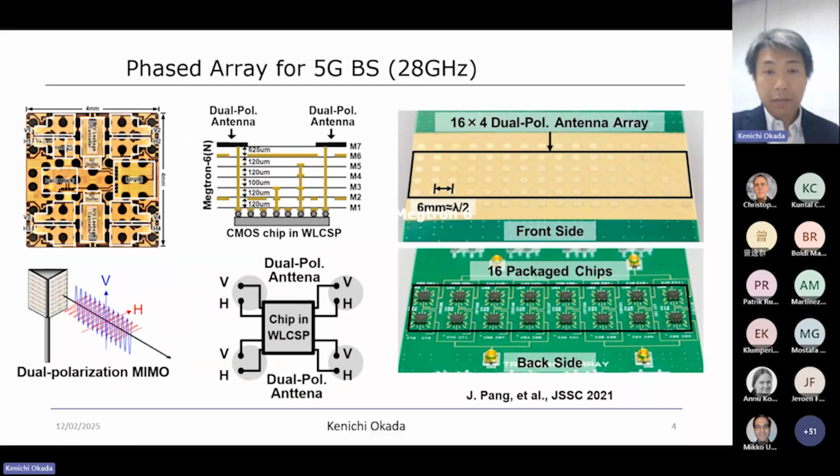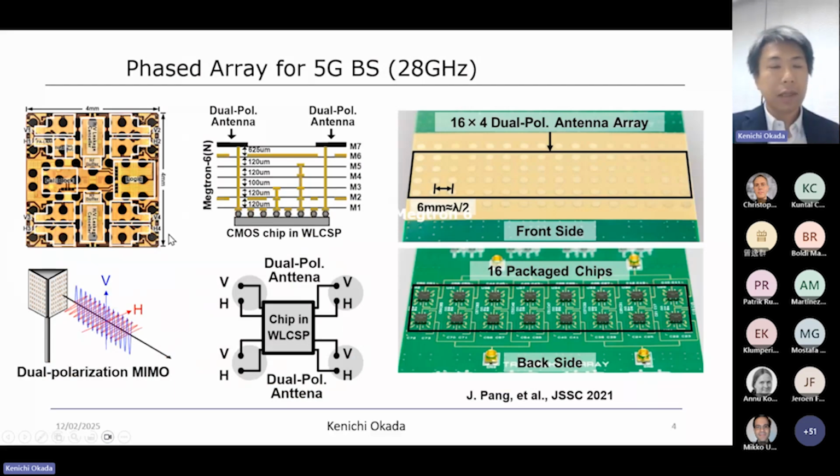This one is designed for a 5G base station, collaborating with NEC, a Japanese telecommunication company. This time it is for small cell communication using 28 gigahertz, using a 64 element antenna. In this design, the whole beamformer is realized by CMOS technology.